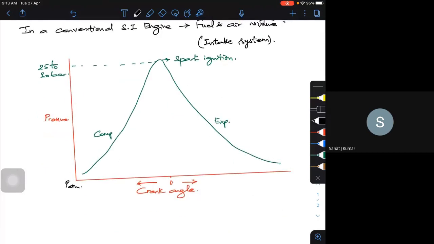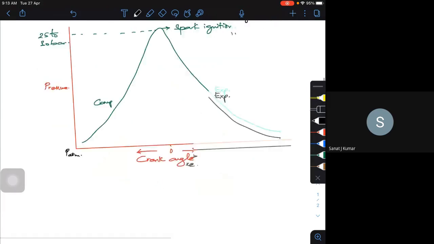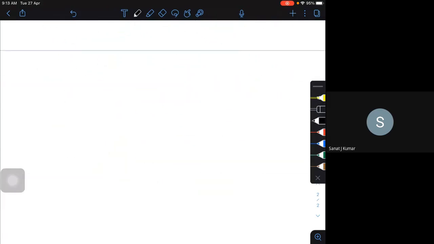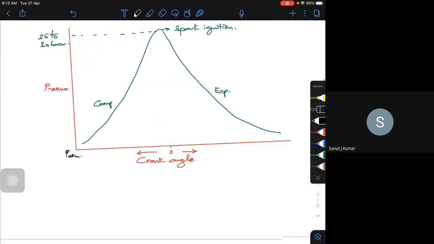Now, when we look at any kind of IC engines, performance measurement is one very important thing. So, performance measurement of these IC engines. We'll look into the CI engine in the next class.